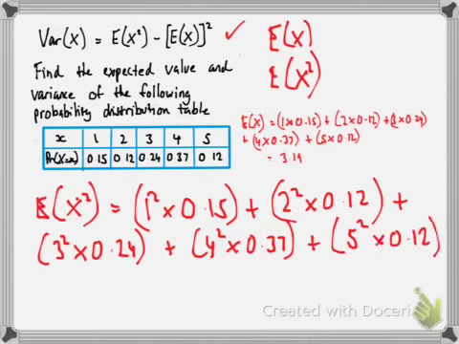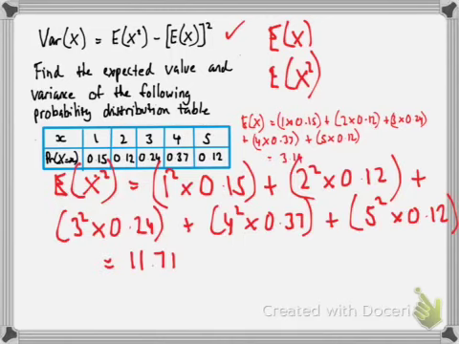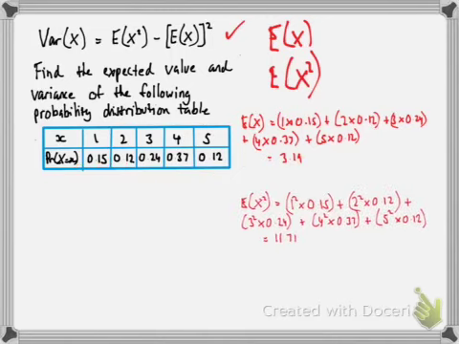So squaring the x values, multiplying them by the probabilities, and that's going to equal 11.71. Okay, we can just put that over to the side as well.